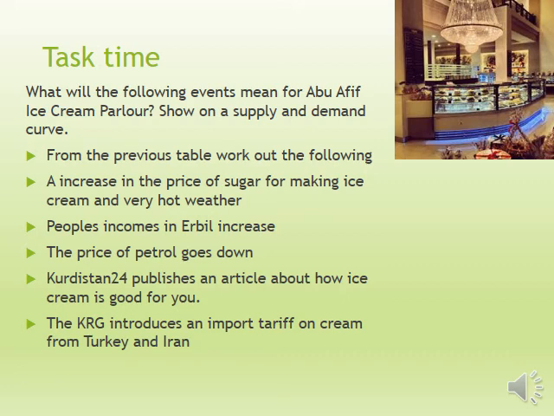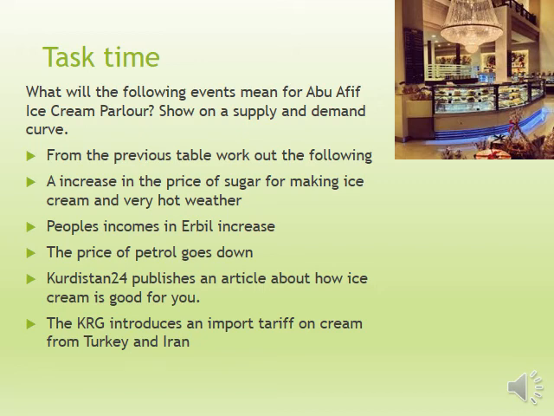Let's say that the price of sugar for making ice cream goes up and it's very hot weather. Well, what's going to happen here is with the price of sugar going up, that means that the amount supplied for any given price will decrease.